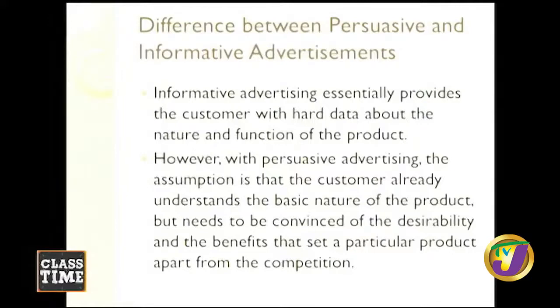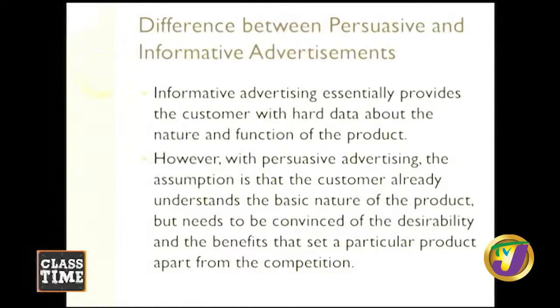So, definitions. Informative advertising essentially provides the customer with hard data about the nature and function of the product. So if a company is advertising a cell phone, for example, they will only focus on the specifications or the features. If at the end you decide to purchase it, well, that will be done based off your own initiative, but not based on the language that is used, because it will not be persuasive.